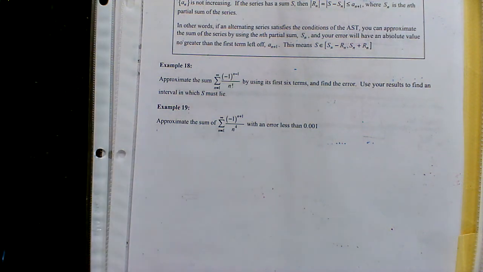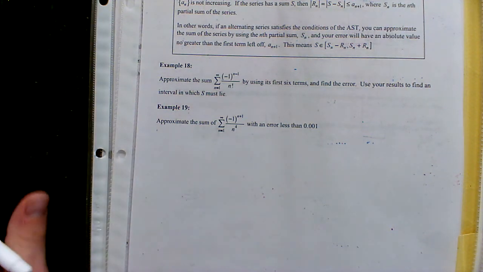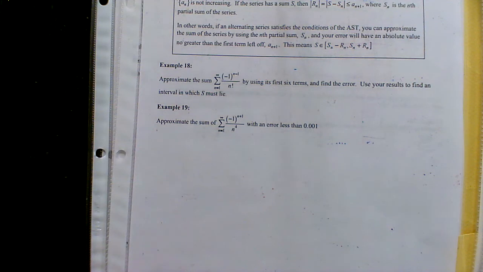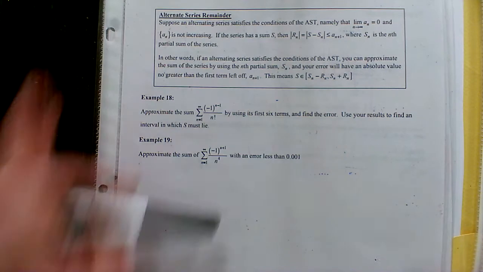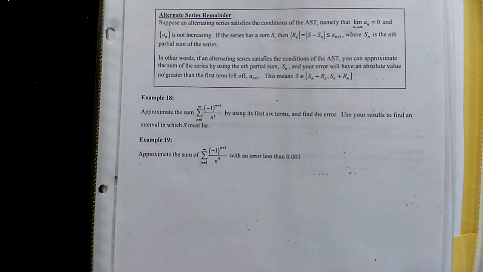Alright, so yesterday we finished up with the absolute versus conditional convergence after the alternating series test. So that was kind of telling us what? Do you remember what that was telling us? The absolute versus conditional convergence.